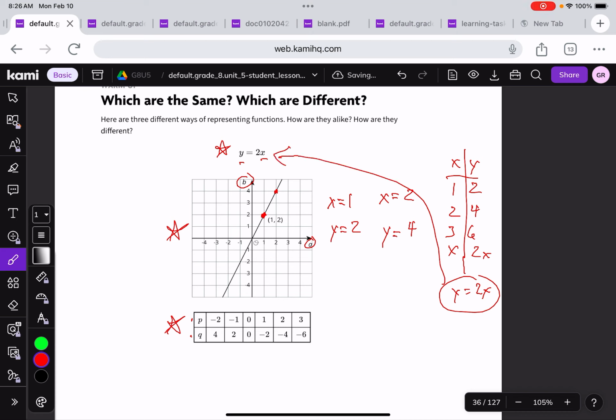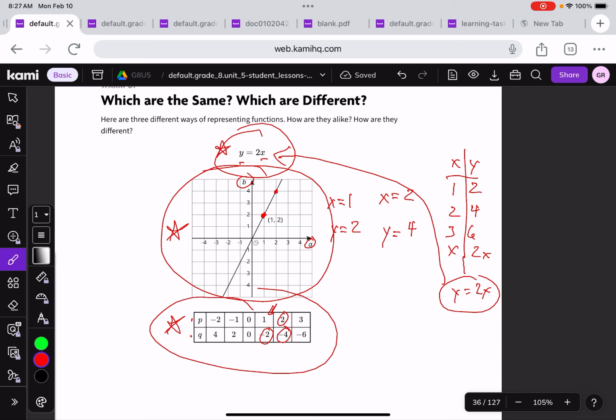So let's look at this equation. Here, if I input 1, I'm getting a negative 2. Here, if I input 2, I get a negative 4. 1 times 2 is not negative 2. 2 times 2 is not negative 4. So this is not the same equation. Believe it or not, this one and this one are the same function.